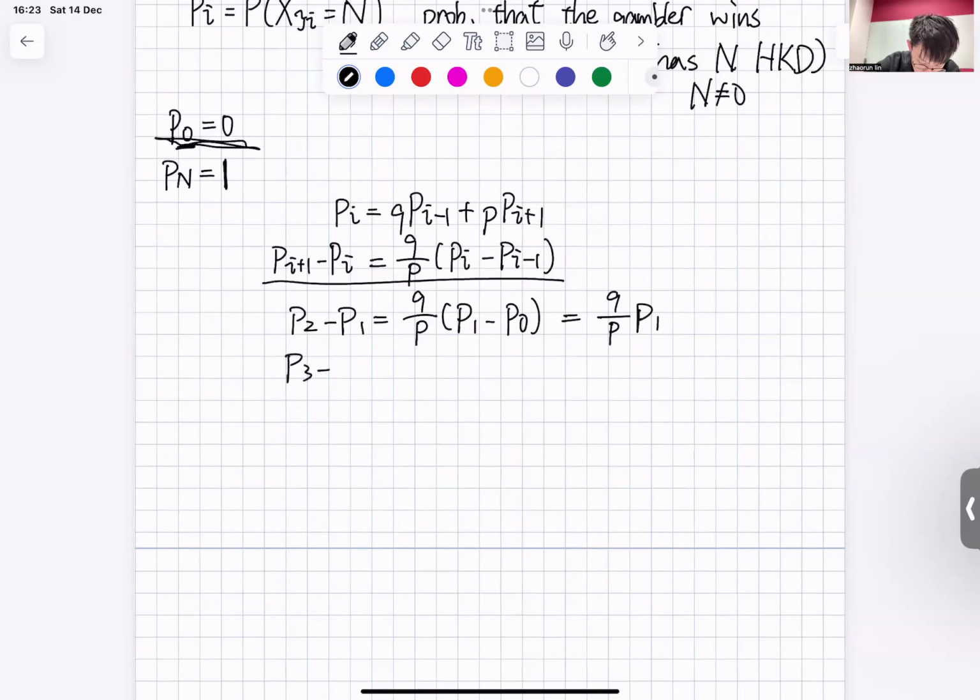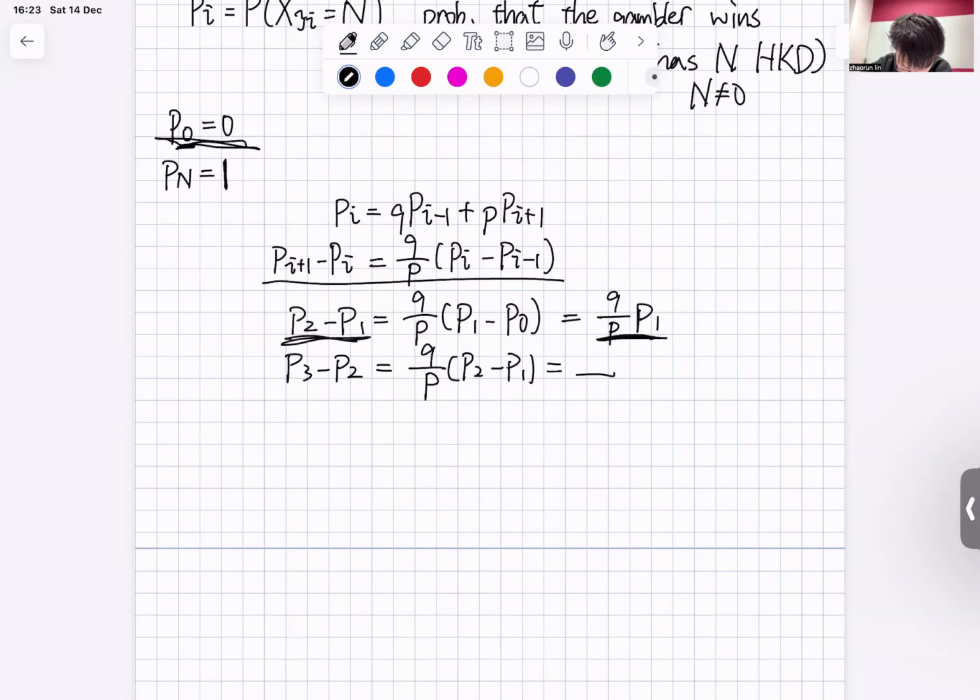And P3 minus P2 is this, and we can substitute this one to here. So it's just (Q over P) squared times P1, and you can write it out.